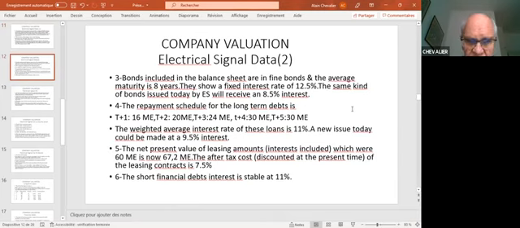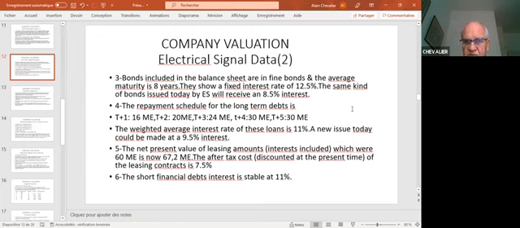A few more elements on the bonds. The bonds included, point 3 here, slide 12, in the balance sheet are in fine bonds. Hopefully their calculation will be simpler than for equal repayment. Also, the cost and returns will be comparable because the structure is identical. The average maturity is 8 years. They show a fixed interest rate of 12.5%.